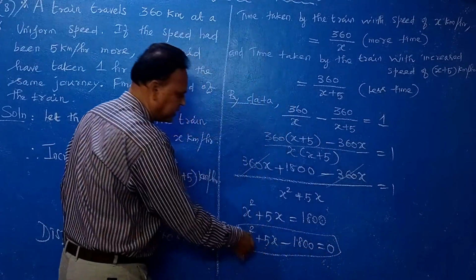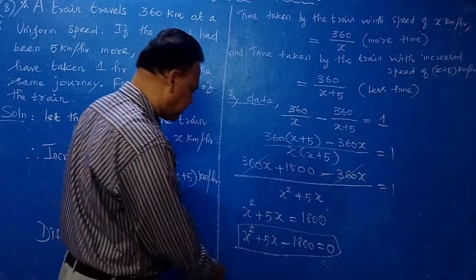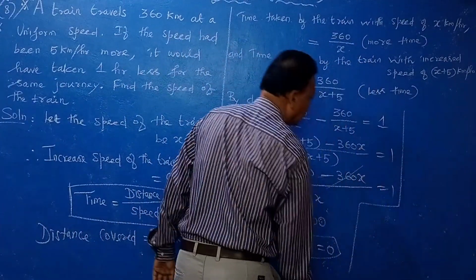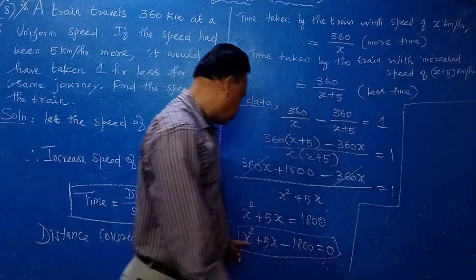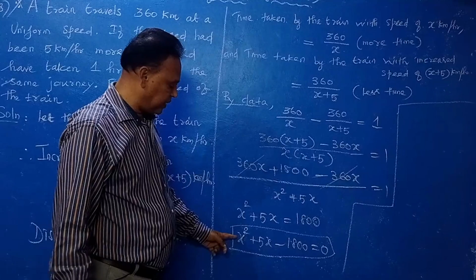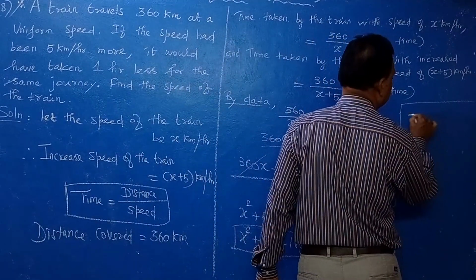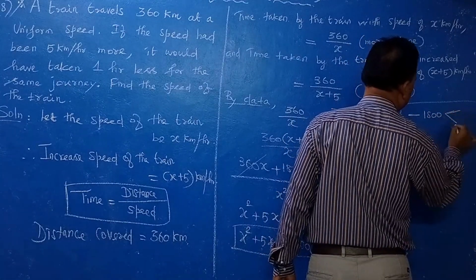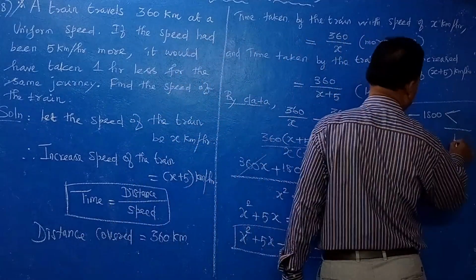How to factorize it means you will get the x value. The x squared coefficient is 1, so 1 into minus 1800. 1800 is split up such that the middle term you get is plus 5.